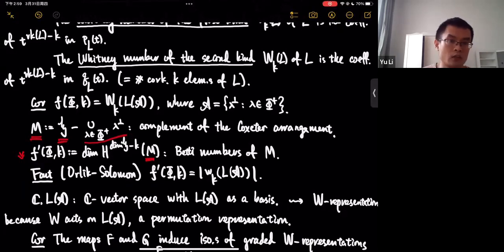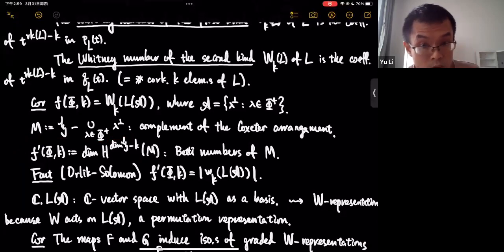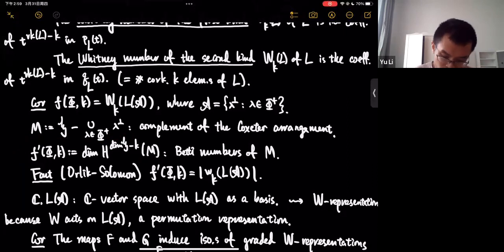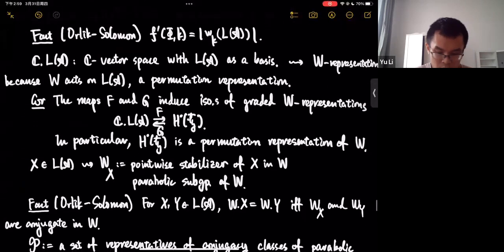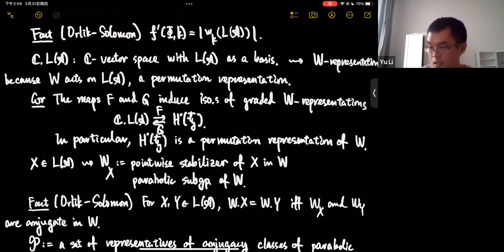So our Betti numbers are Whitney numbers of the second kind, and the Betti numbers computed by Orlik and Solomon are Whitney numbers of the first kind. In a sense, combinatorially, the two kinds of Whitney numbers are dual to each other, maybe related by a Mobius inversion formula.